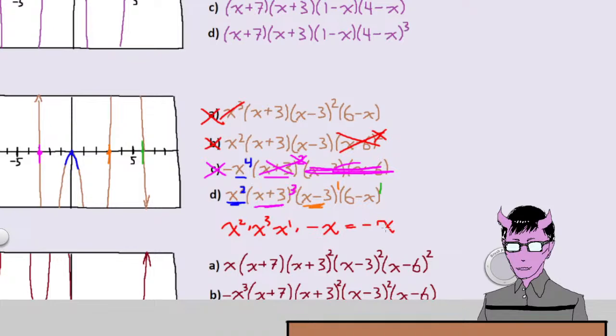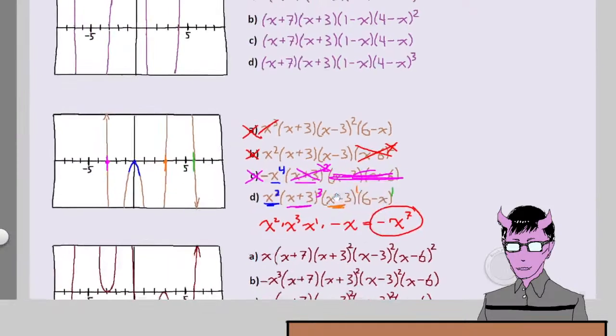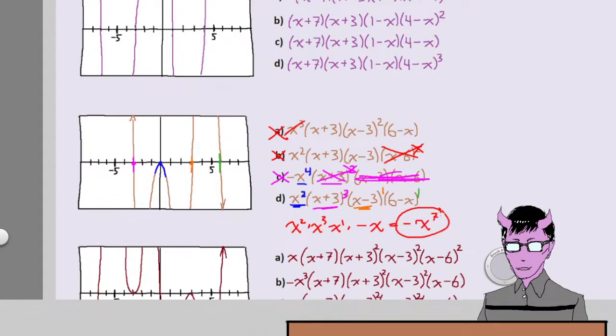So negative x power 7, which is in agreement with our first assessment, where we have an odd exponent with a negative term in the front, so it's going to be up down, which is consistent with the up and then the down. So choice D is correct. It's consistent.